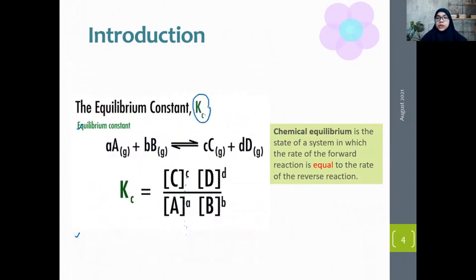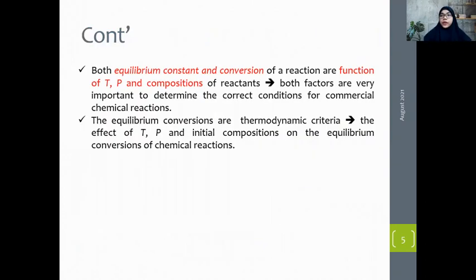This is based on the concentration, the general equation, the product over the reactant, to give the equilibrium constant. By referring to the reactant, the intention is to have the maximum conversion, that means from the reactant to the product, which means we are going to have a higher yield.